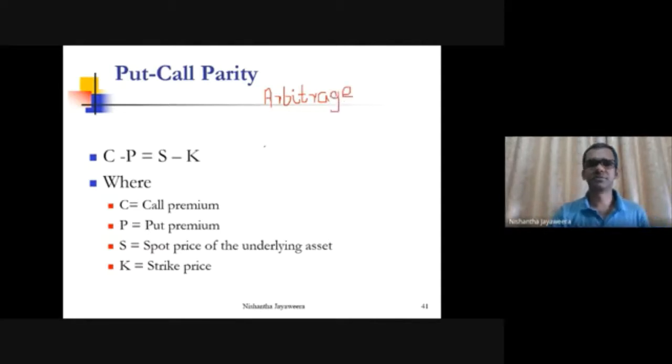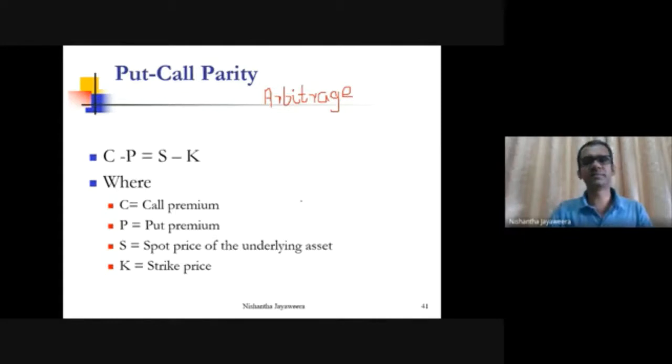So when you price an option, the premium on the call option, the premium of the put option, the spot price and the strike price, there has to be a relationship, and you have to meet this equivalence.